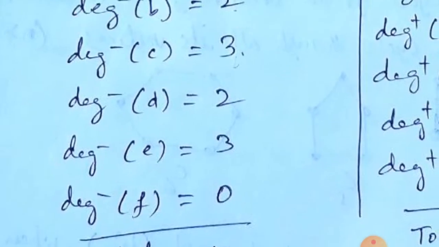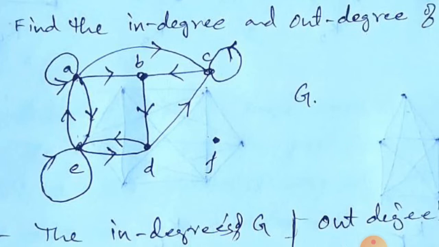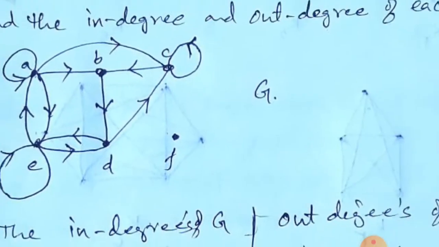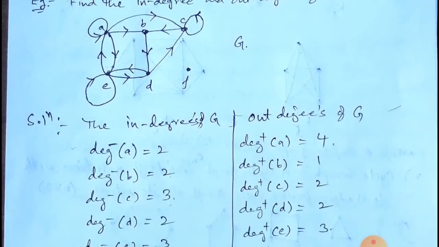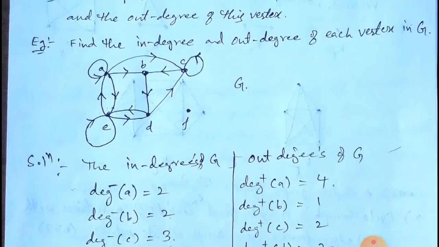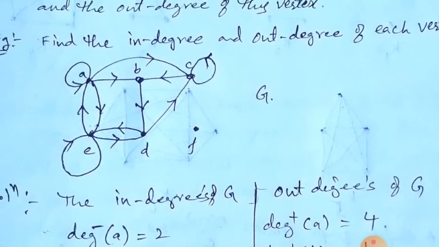The in degree of F is 0, because there is no edge incident towards F; F is an isolated vertex there.